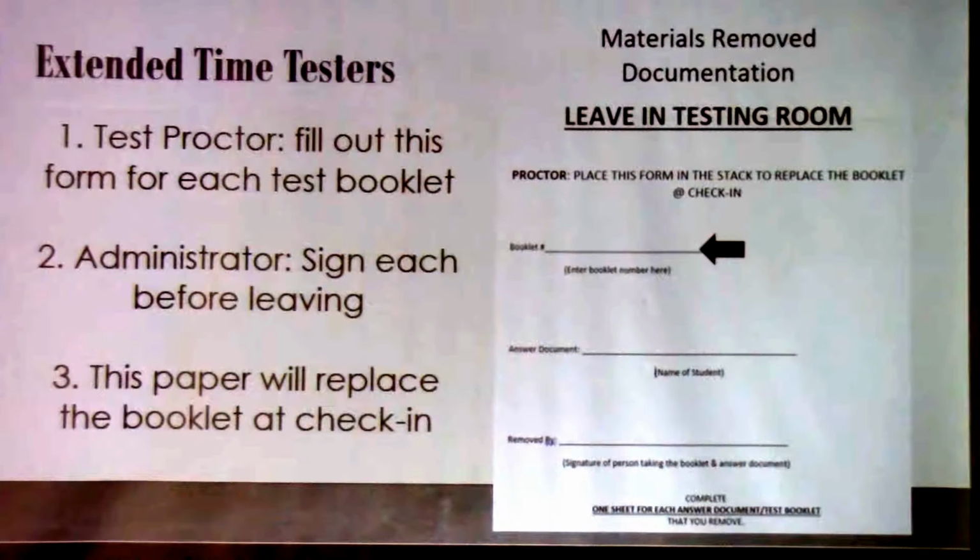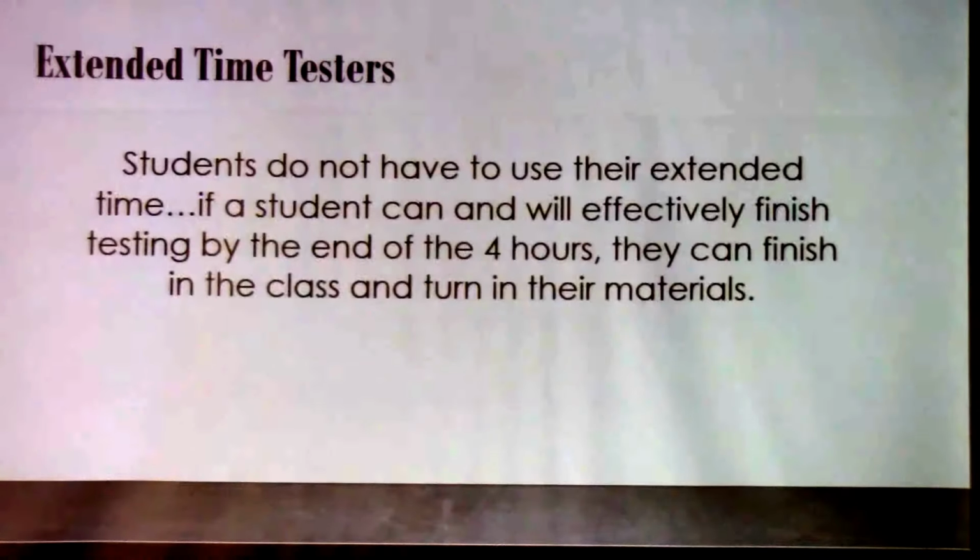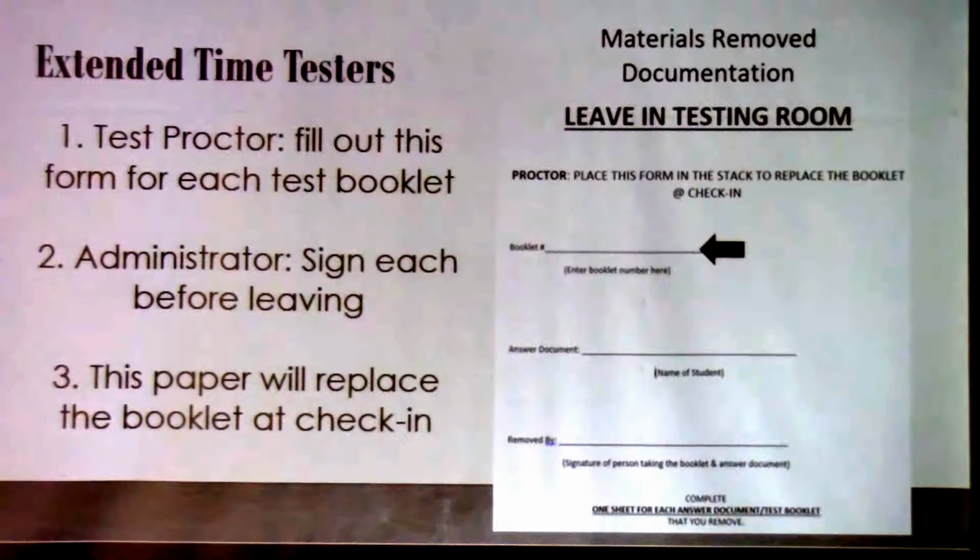So when I'm checking 1, 2, 3, 4, 5, I come across a red paper, I know you sent somebody over there, and that's why that red paper is there. Then for the booklet, I know why there's a red paper in the booklet. But you have to fill out the booklet number there, put the student's name, and the verifier, the person's going to pick it up, they're going to sign and say, I removed it. You're going to do that for both the Scantron and for the booklet.